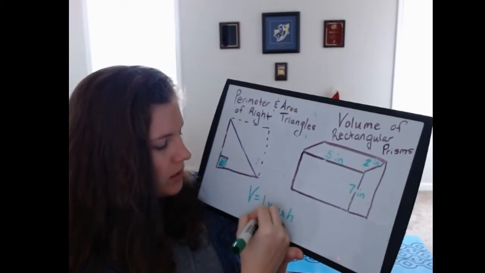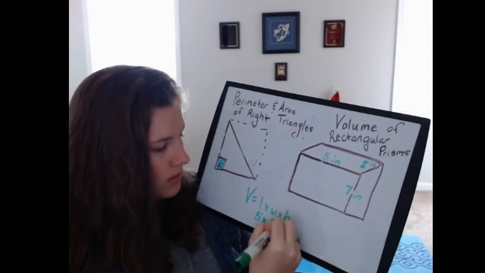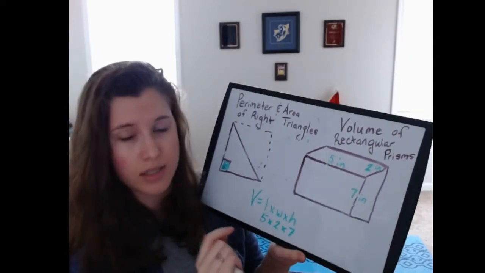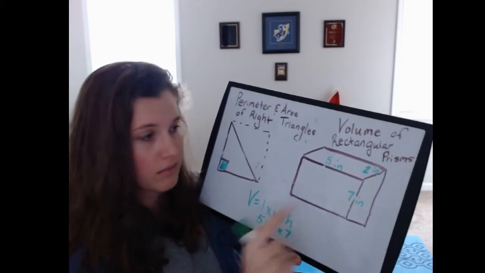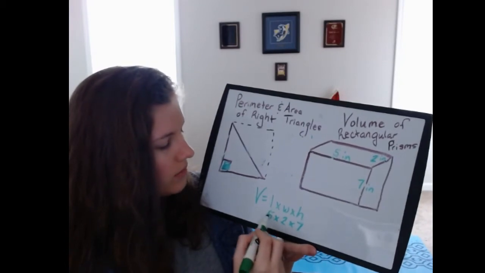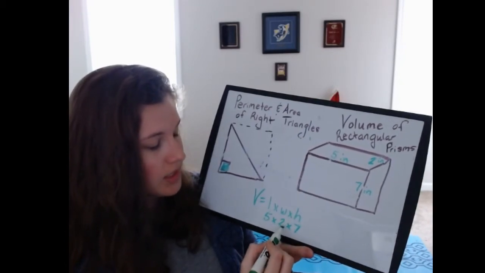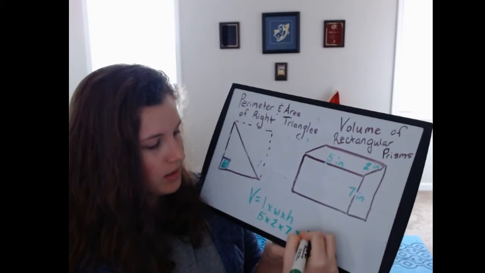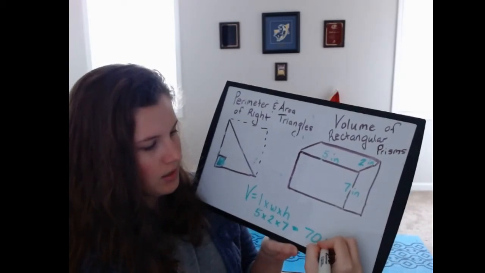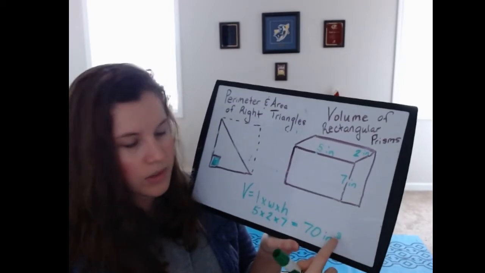For me, I'm going to go 5 times 2 times 7. Because in my mind, 5 times 2 is a lot easier to figure out than 7 times 2 or 7 times 5. That's just me. So I know that 5 times 2 is 10, and 10 times 7 is 70. So this one would be 70 inches cubed with that 3 there.